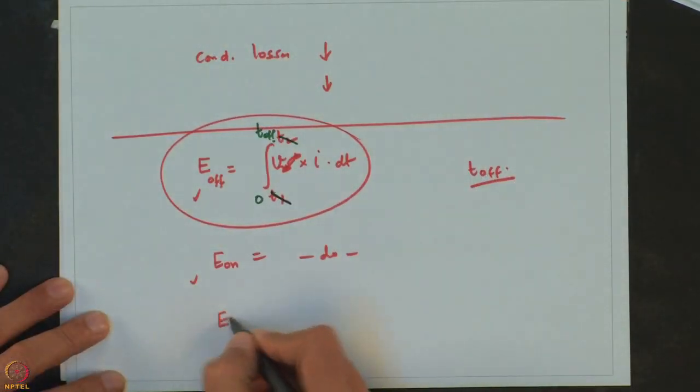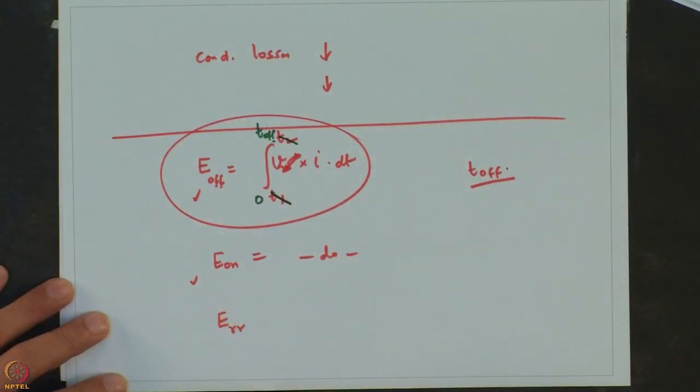In most of the data sheets, this information about the loss during the reverse recovery time, the loss during the switch on transition, and the loss during the switch off transition, which are given by E on, E off, and maybe ERR, reverse recovery, is provided.